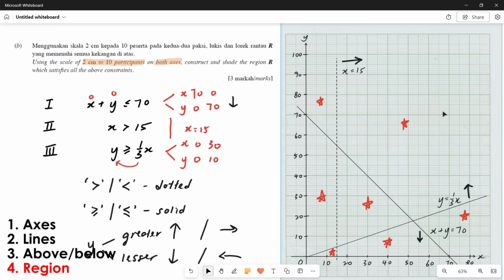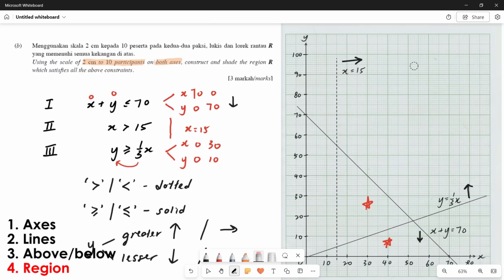Okay, so let's start with the first line, which is this line. We need to look at the regions which are below the line, so for those which are above the line, we need to eliminate them. Which is this one, and this one. Now for the second line, we are going to look at the regions which are to the right of the line, so those on the left we are going to remove.